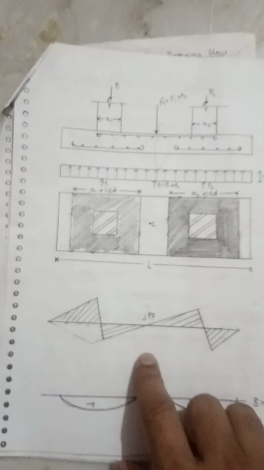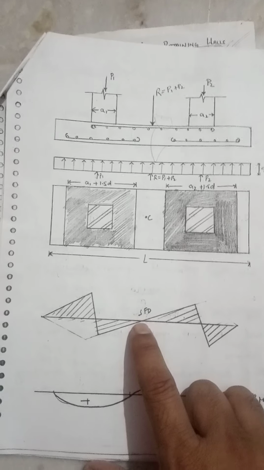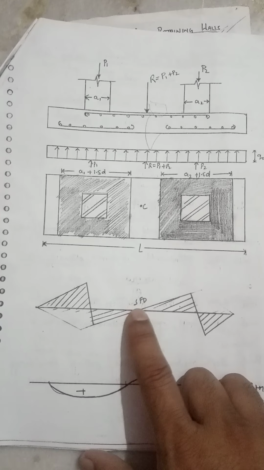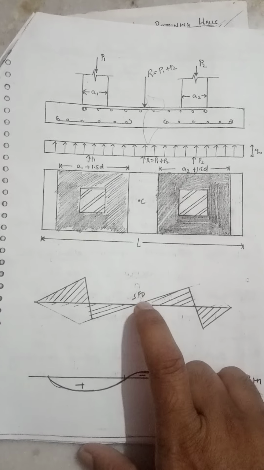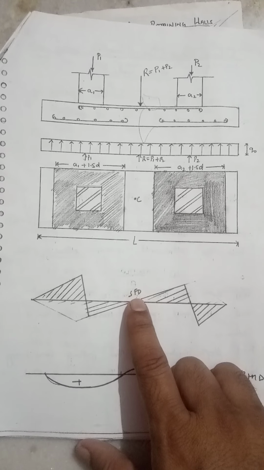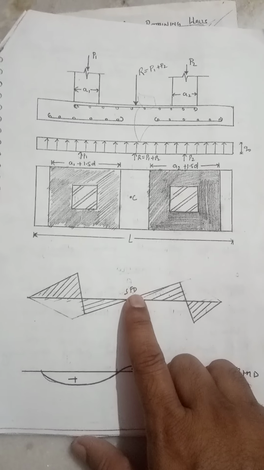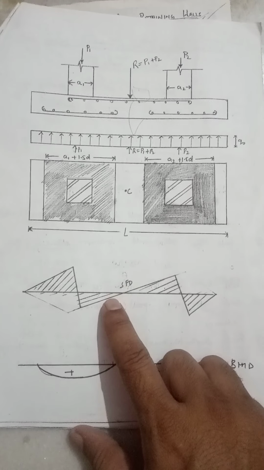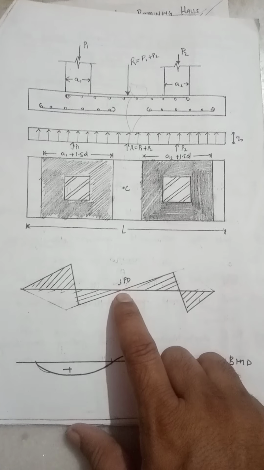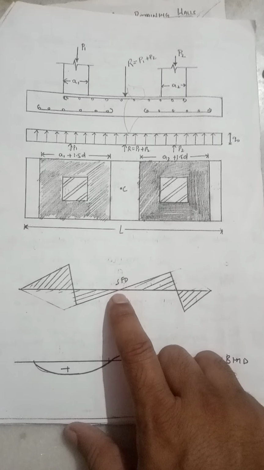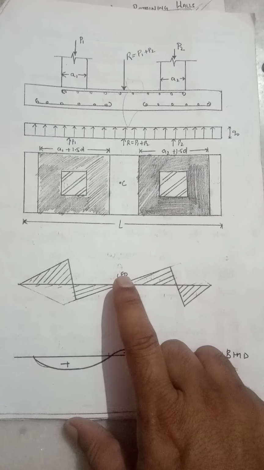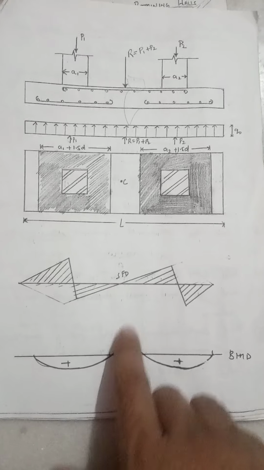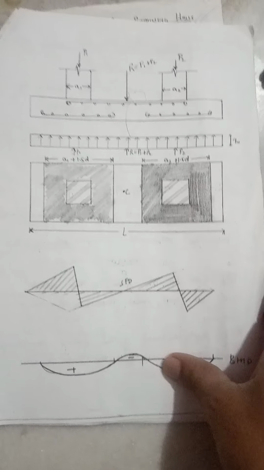So here the shear force diagram will be like this. This is the point of counterflexure where shear force becomes 0. This is the point where we'll find the moment. There will be three places where we'll find the moment. One place will be at the face of the column, and one will be between the two columns, that is at the place where the shear force becomes 0. At this place also you can see here. We'll just see this with the problem, inshallah.